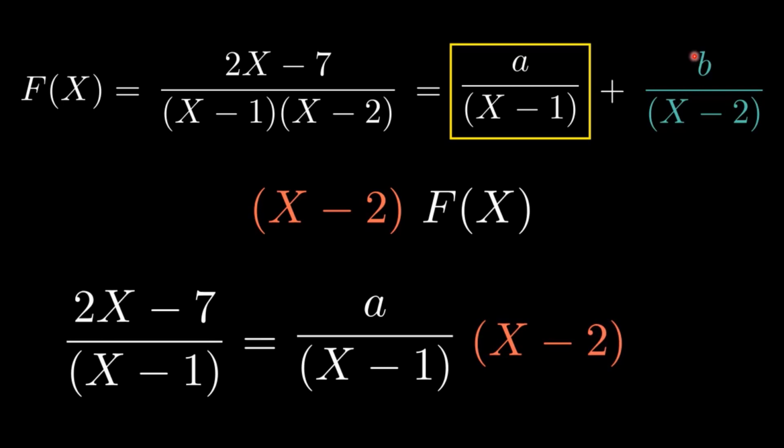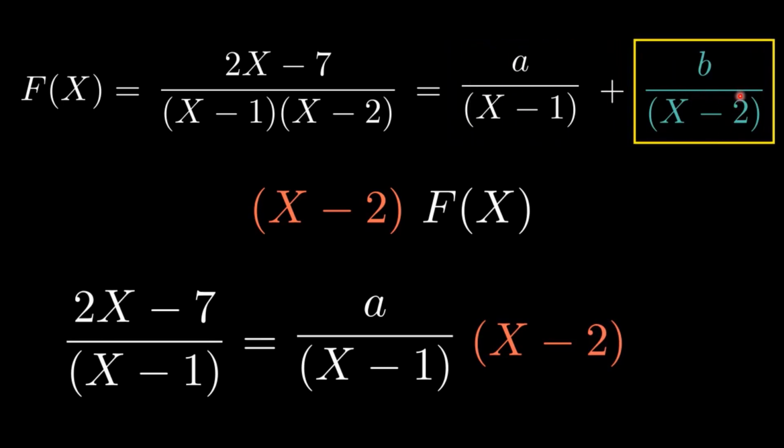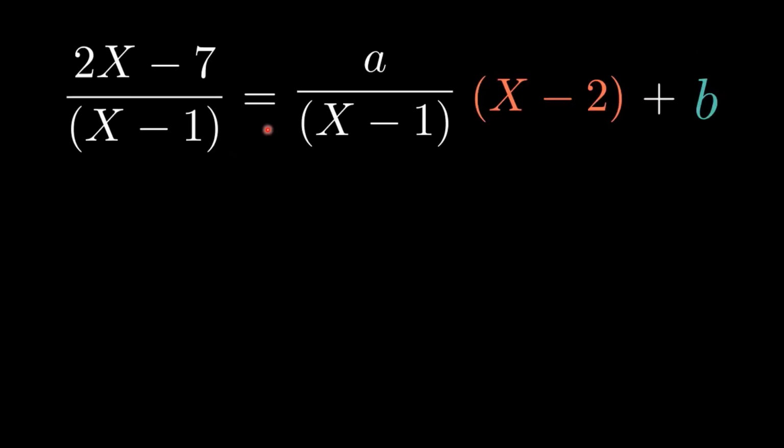And here we have x minus 2 over x minus 2 is 1. So here we get b. This equality is true for any real x different from 1, because we can't divide by 0, because 1 minus 1 is 0. Then what is the best value of x that gives b?